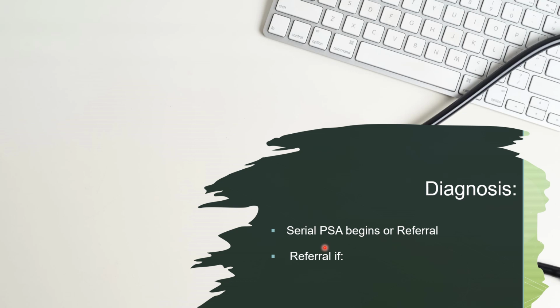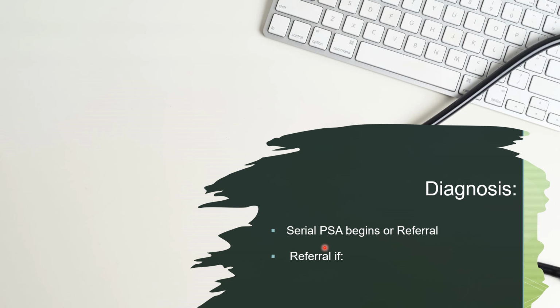So, also, we will refer if this person has BPH on an alpha-reductase inhibitor like finasteride or dutasteride, where we don't expect the PSA to be rising, but unfortunately, it's rising pretty fast.